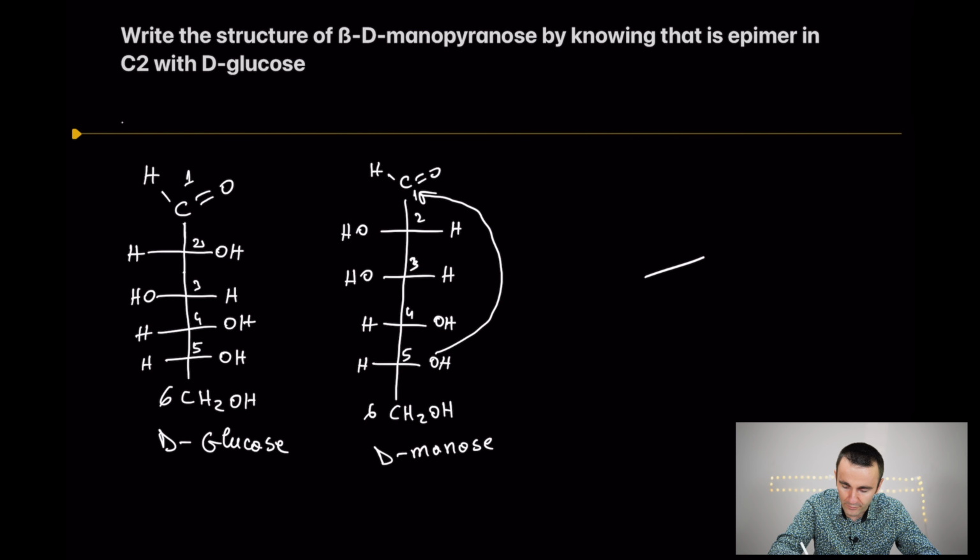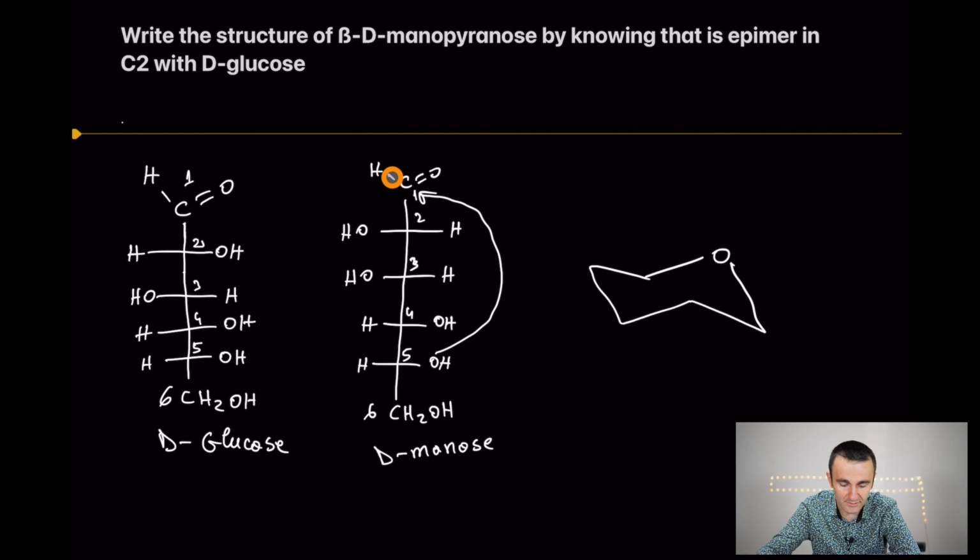So let's write the pyranose cycle. Okay? Now, because it's beta, this OH that is going to be formed here means that it's going to be trans to this one. It's going to be on this side. Trans to this one, I mean, right? So if it's on the left side, it's going to be up. So let's place a number 1, 2, 3, 4, 5. Now let's move further. Second is going to be on the left side, it's going to be up.